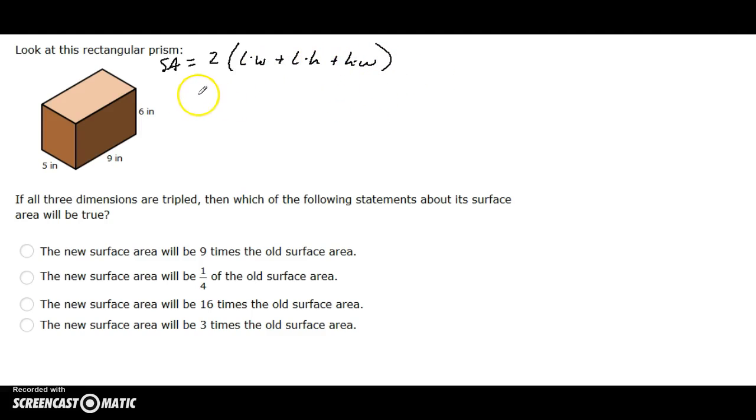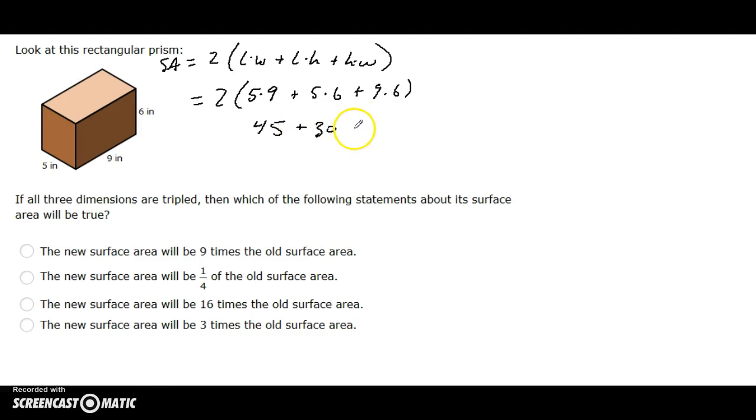So let's do that. 2 times, let's just use all the dimensions: 5 times 9 plus 5 times 6 plus 9 times 6. So 5 times 9 is 45. 5 times 6 is 30.